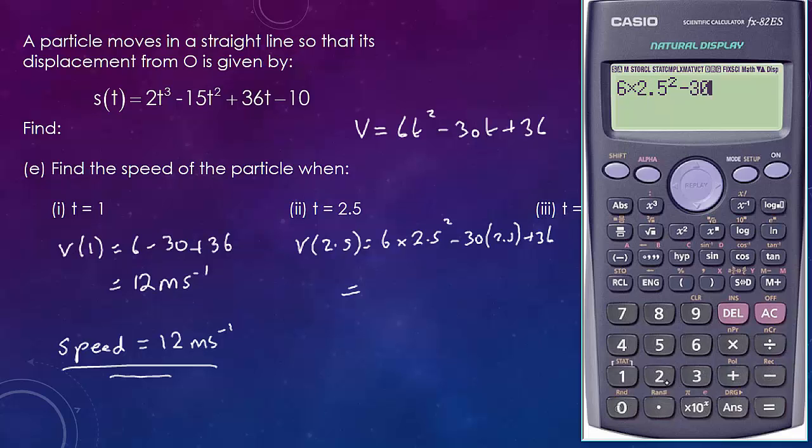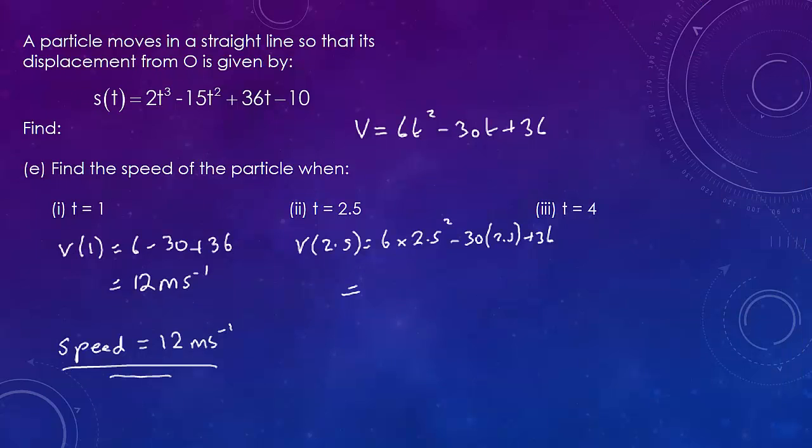Take away 30 multiplied by 2.5. Add 36. That gives me negative 3 over 2. So negative 1.5. So the speed is 1.5 meters per second. Speed is a scalar. Velocity is a vector, so the direction is important, but with speed you ignore negative signs.